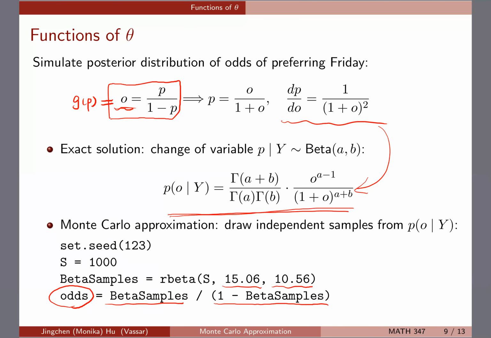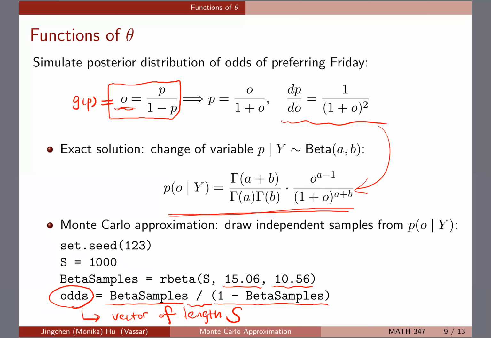Then I just use this division sign, and it's going to do element by element. So this odds is a vector of length capital S, and each is one draw of P over 1 minus P. So you get 1,000, in this case, draws of odds directly.